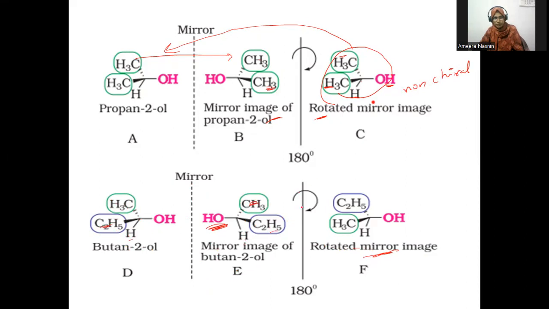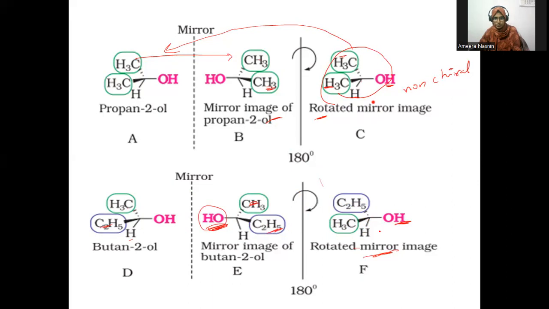We rotate it by 180 degrees. That's how the 180 degree rotation is done. Then this hydroxyl group will go here. This ethyl group will go to the backside, this methyl group will come forward, and this hydrogen will stay in the plane.